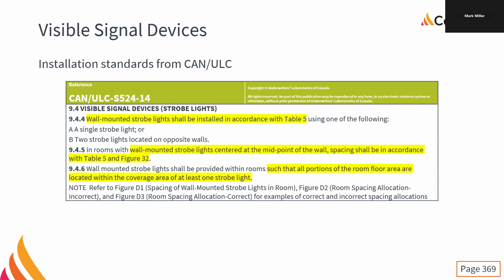Ceiling-mounted devices can be installed higher than 2 meters above the floor because they get mounted on the ceiling. Then we have to be careful about where we mount them on the wall because we need to make sure that the entire floor area is located within the coverage area of at least one strobe light.